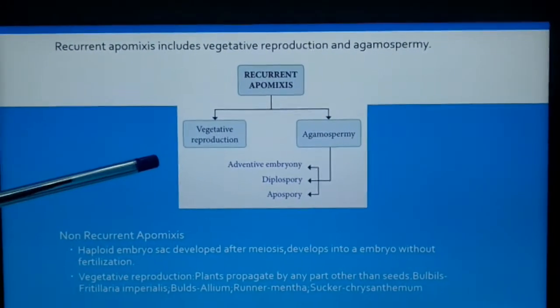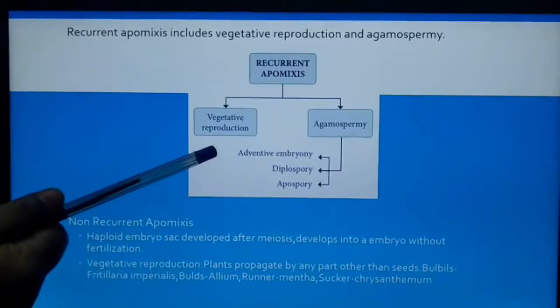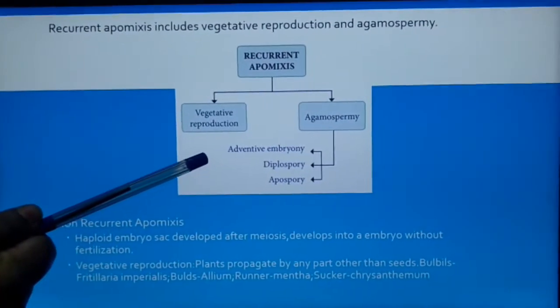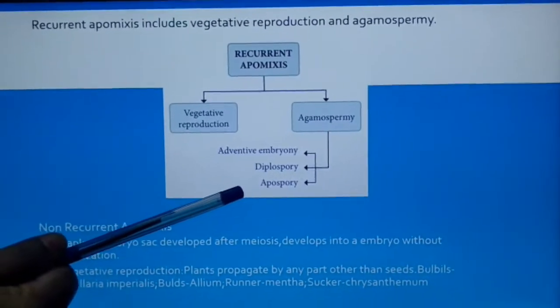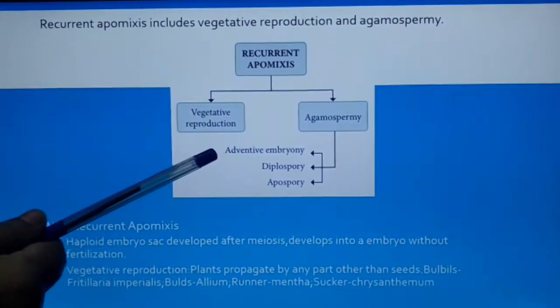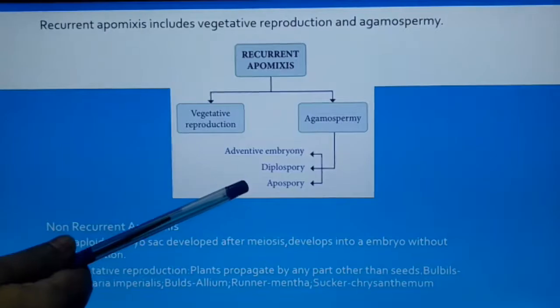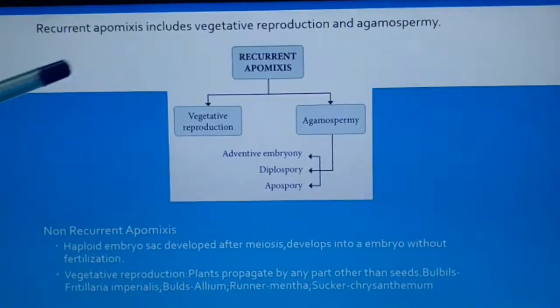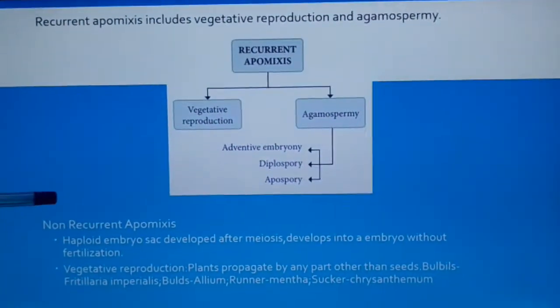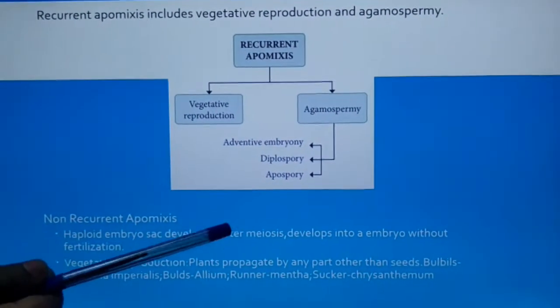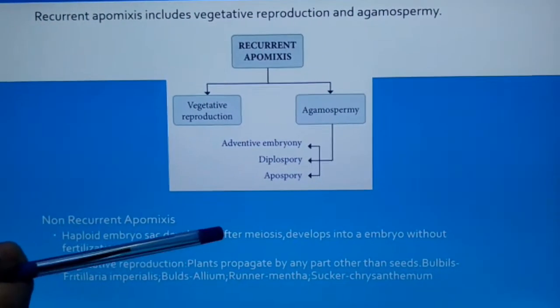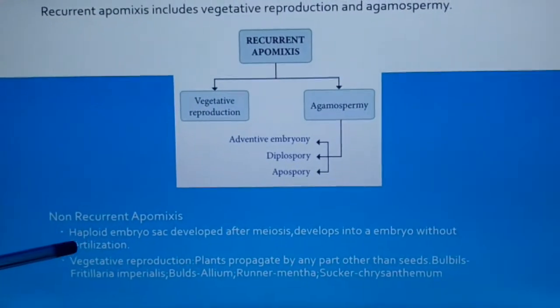Agamospermy is again divided into three types: adventive embryony, diplospory and apospory. In non-recurrent apomixis, the haploid embryo sac developed after meiosis develops into an embryo without fertilization.